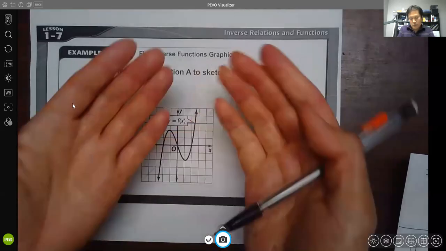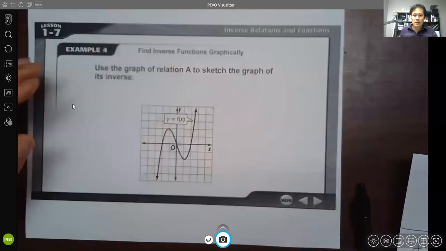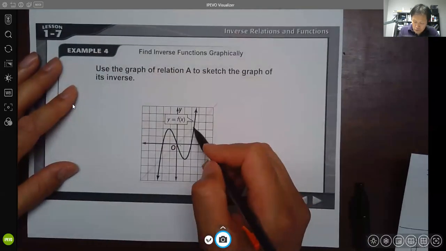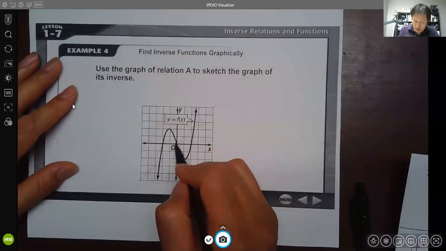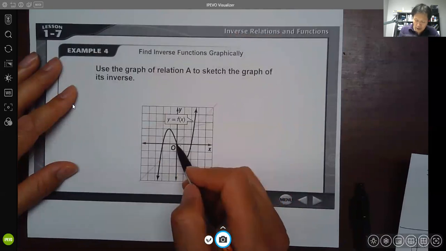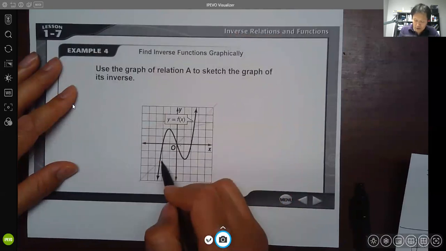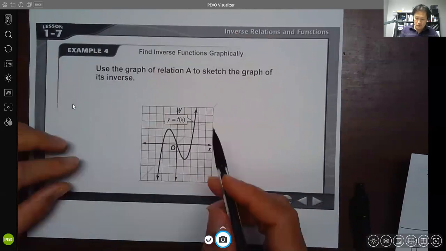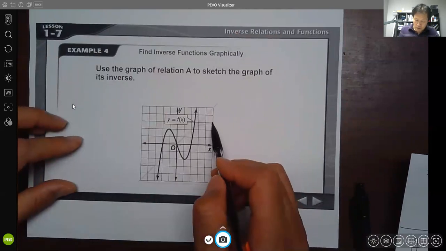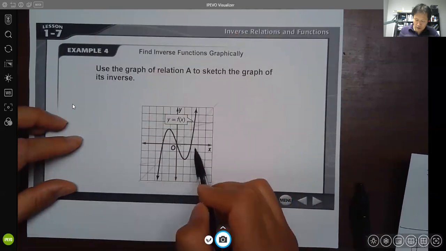So you're going to fold like this. So that one will become something like this. This will go like that. And that will go something like this. And that will go over something like that. So it's going to be something like this.